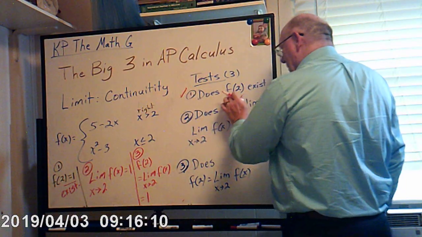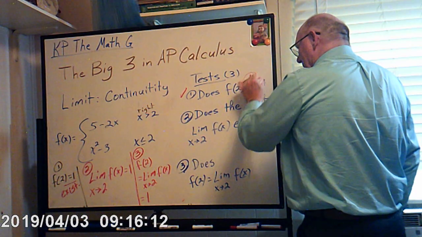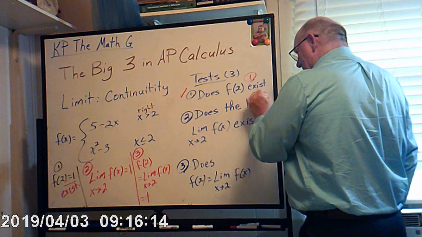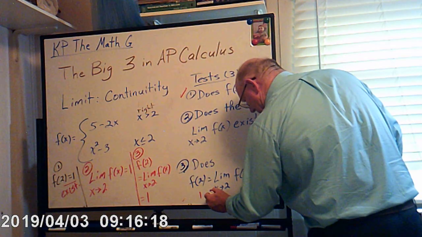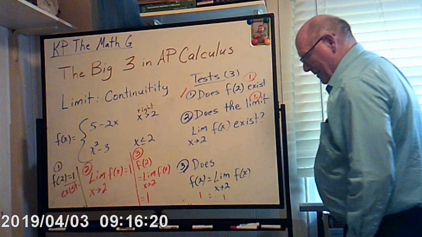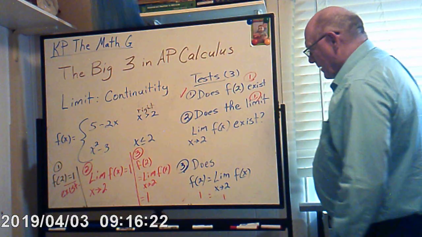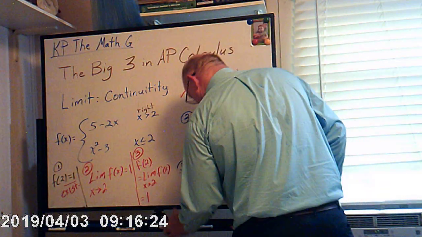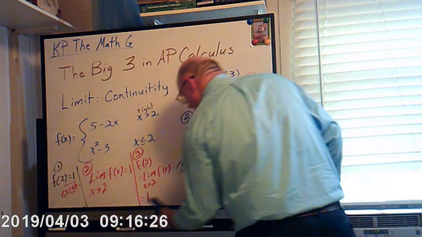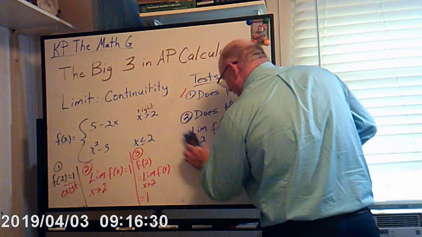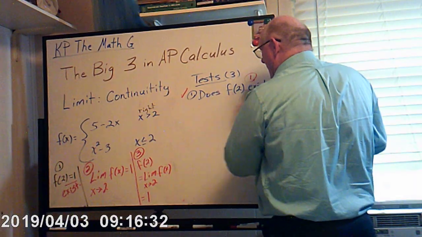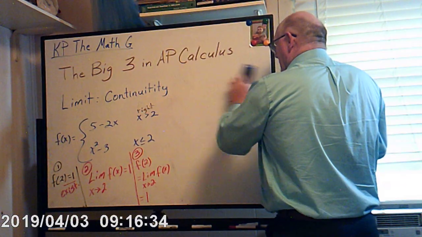The limit, that answer is 1. This answer is 1. So if both of them are 1, 1 equals 1, doesn't it? So therefore, we need to make a conclusion. This is great. You've got all 3 parts going for you now.